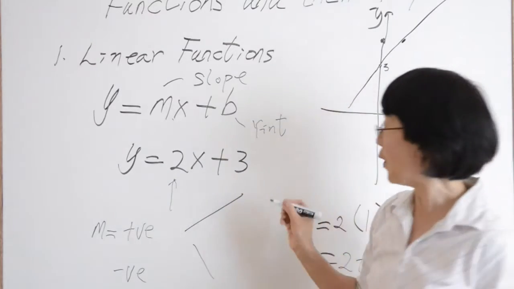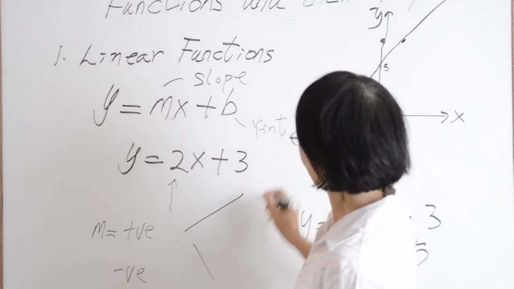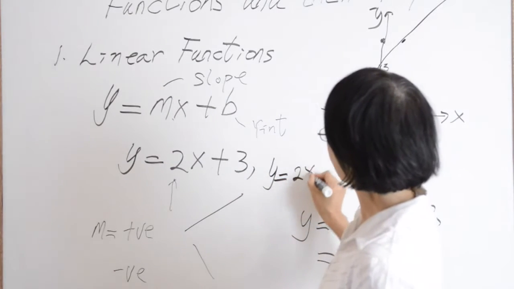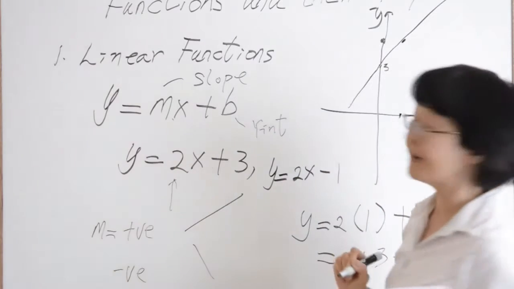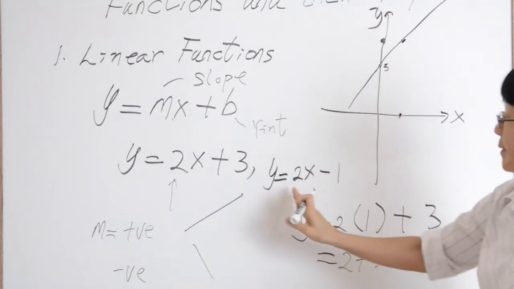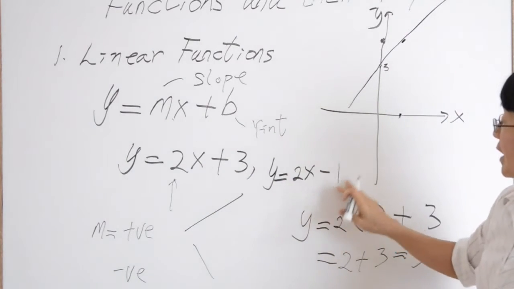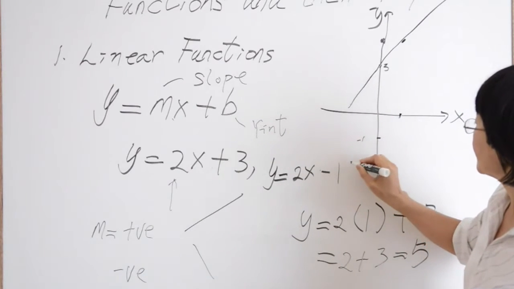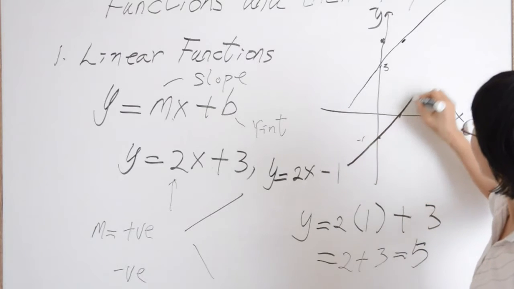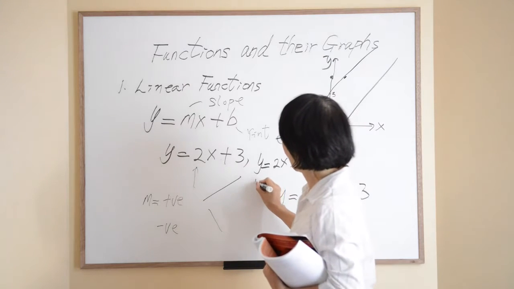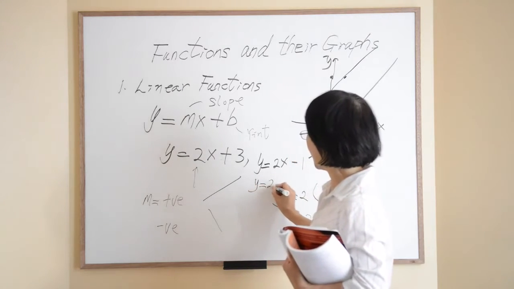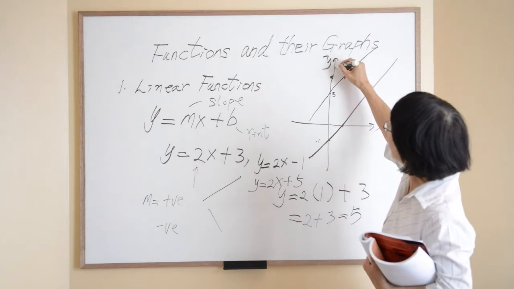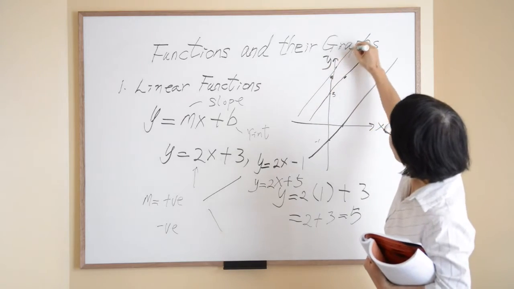Now, if I have another one, y = 2x - 1, you know the slope will be the same, and the y-intercept will be at -1. So you go to -1 here, and your graph looks like this. For y = 2x + 5, say 5 is here, so you have another graph that looks like that.